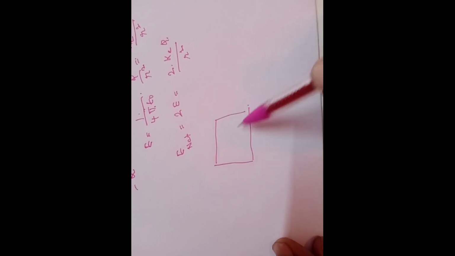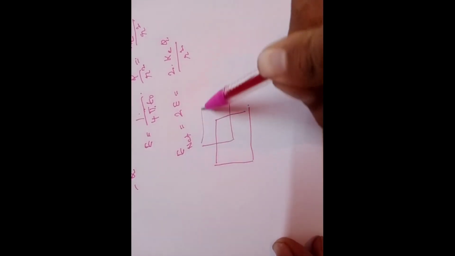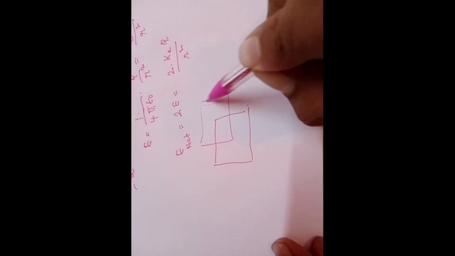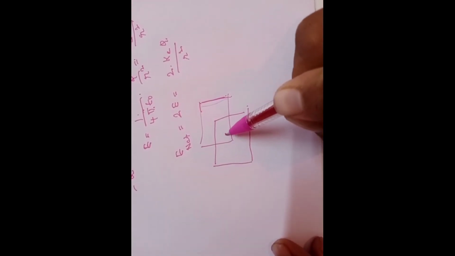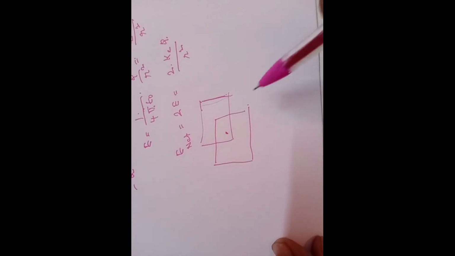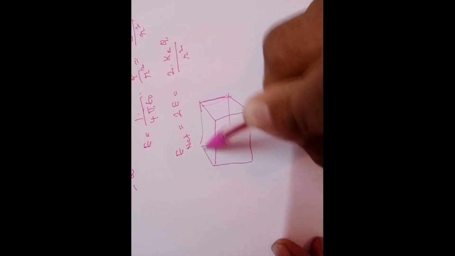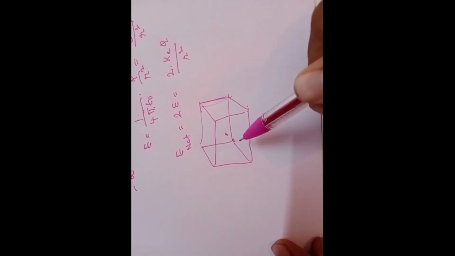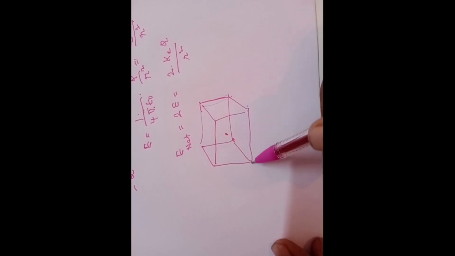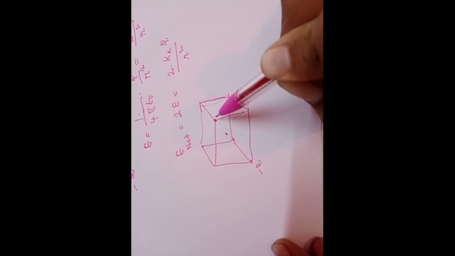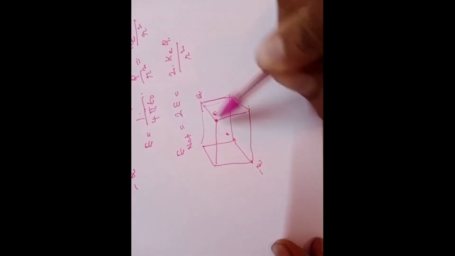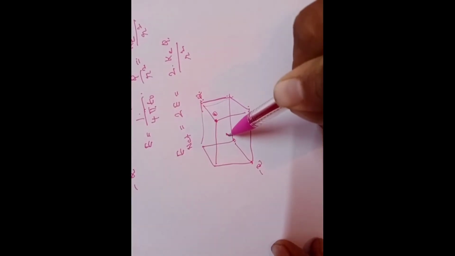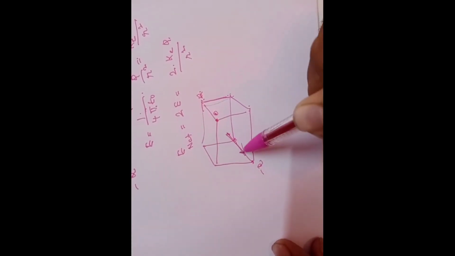If at the center we placed any point at the center of the cube, what is the net field they are asking? So this minus q and oppositely one more minus q will be there, na? They won't cancel. Because of this, the field is in this direction.